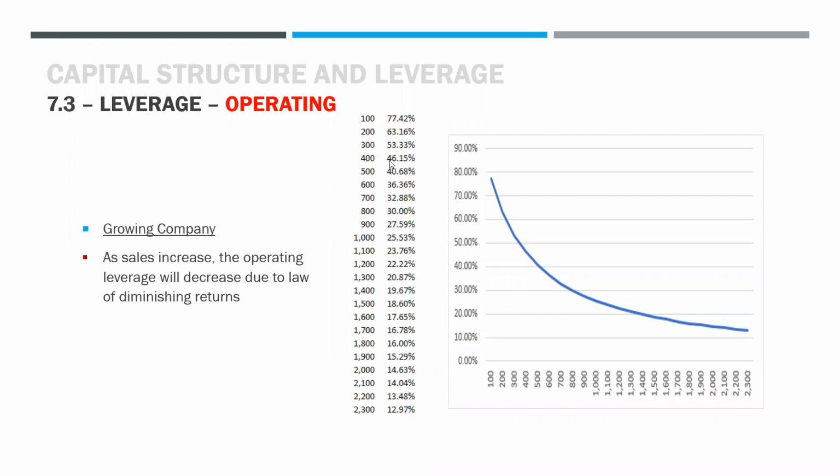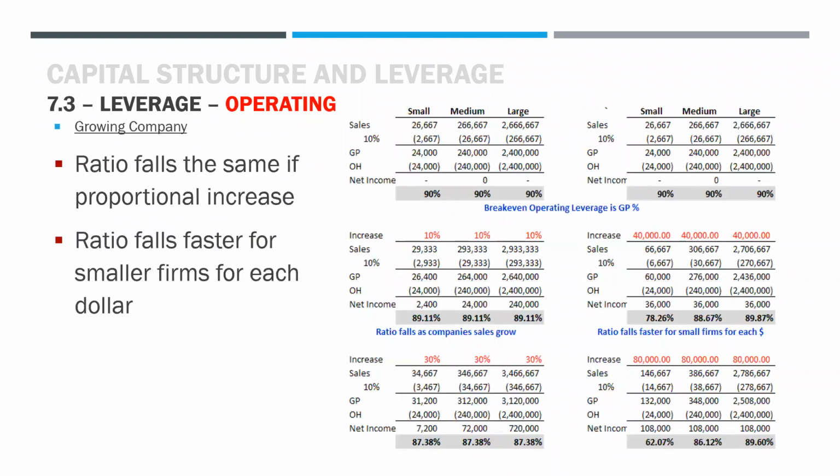So operating leverage as your sales increase, this follows the law of diminishing returns. As your sales increase, your operating leverage decreases as time goes along. And with a growing company also, if you have the same proportional increase, ratios will fall.